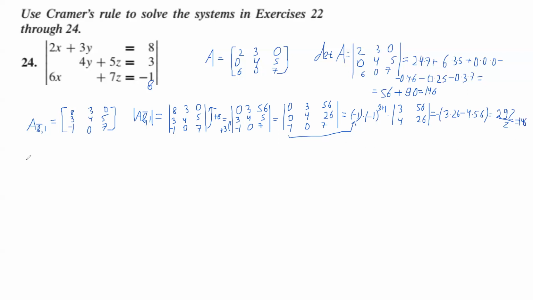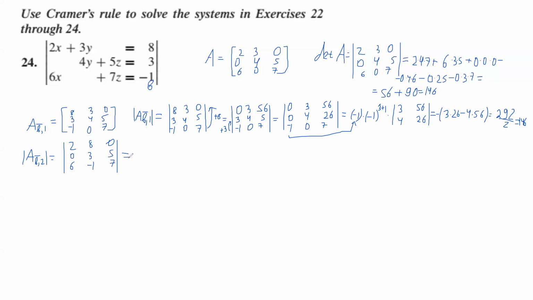Next, let's substitute B instead of the second column and calculate the determinant. So it will be the first column of matrix A, 2, 0, 6, then B, 8, 3, minus 1, and the third column of matrix A, 0, 5, 7.